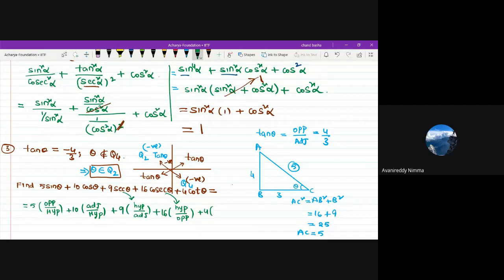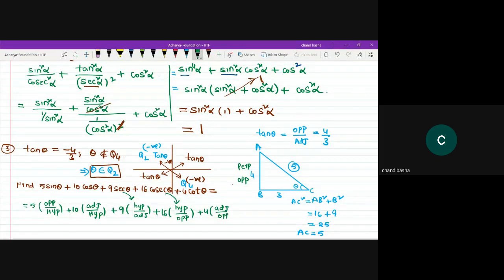Opposite is also called the perpendicular, as I said in the first class. Cot theta is adjacent side divided by opposite side. Very good.